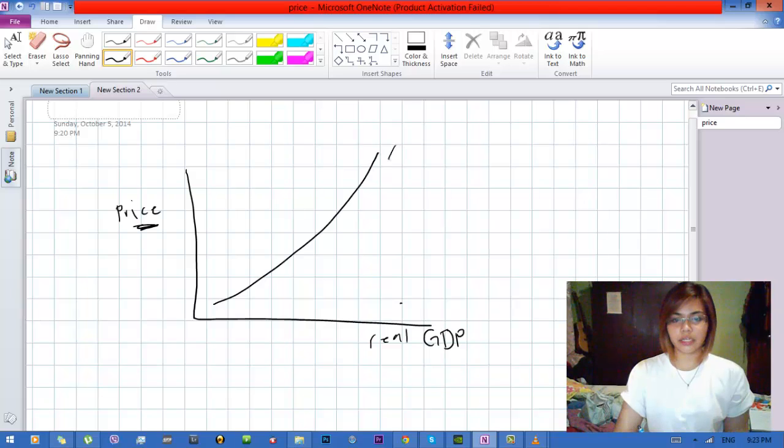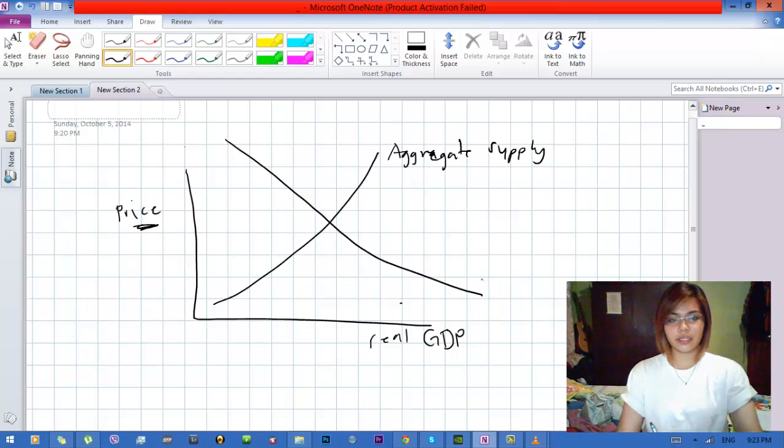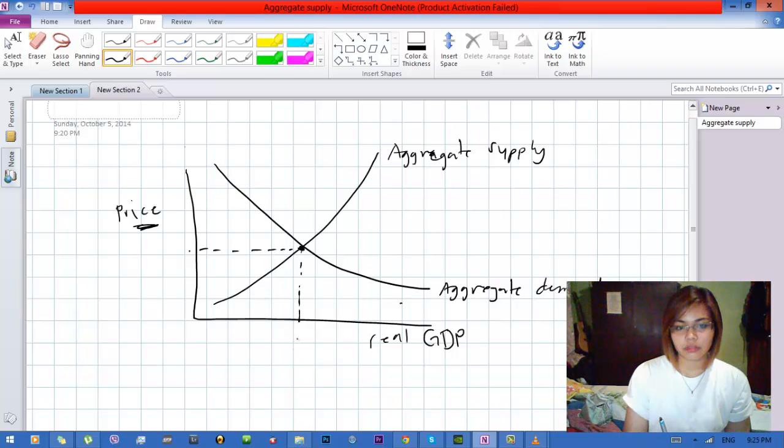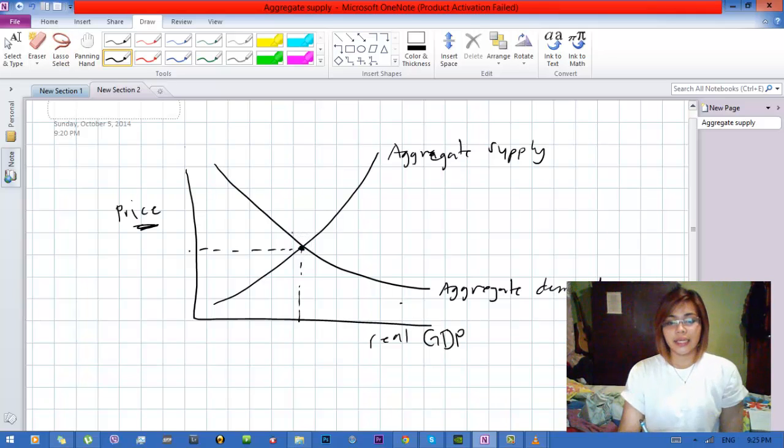Upward slope on the aggregate supply, and a downward slope on the aggregate demand. We have an equilibrium level at this point.